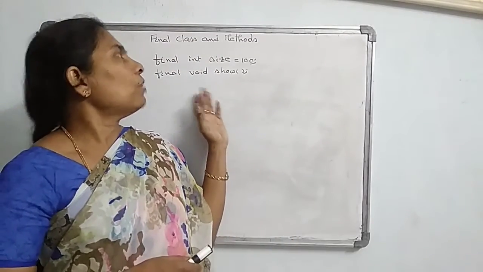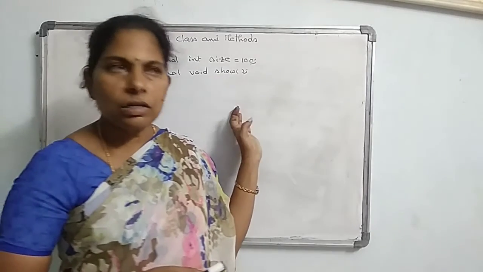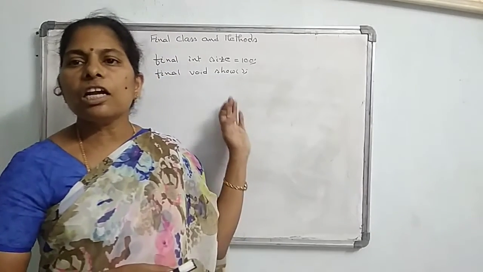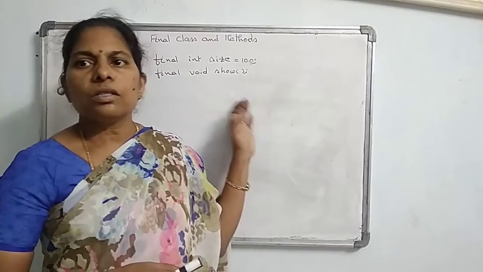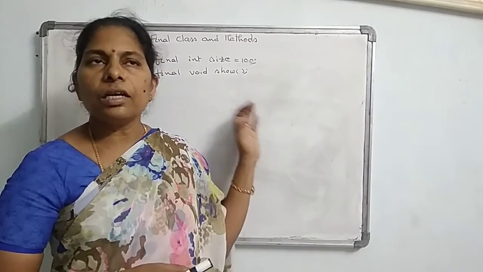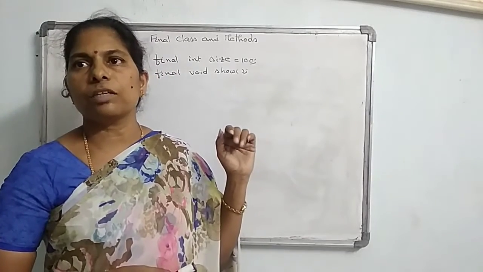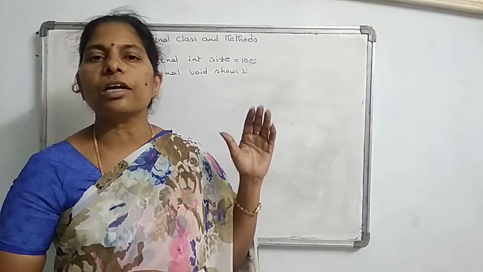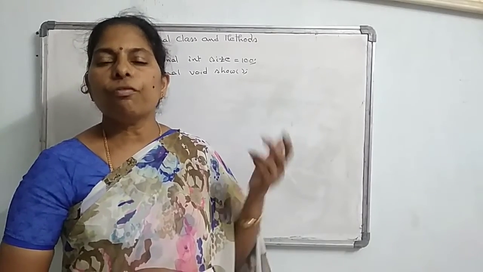Okay, so what comes in the final class? A class that cannot be subclassed is called a final class. That means if you take any class, you cannot create any subclass of it. This type comes under the final class.